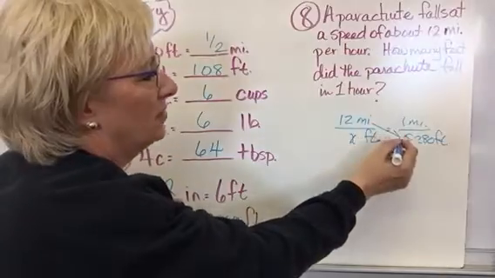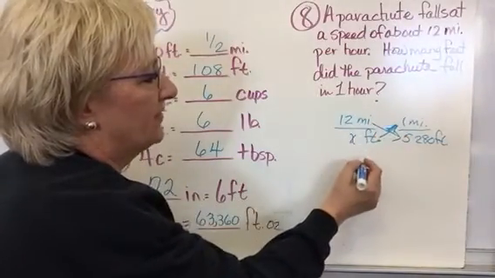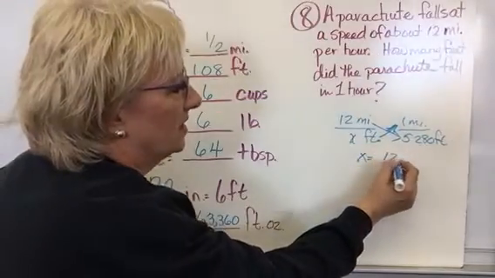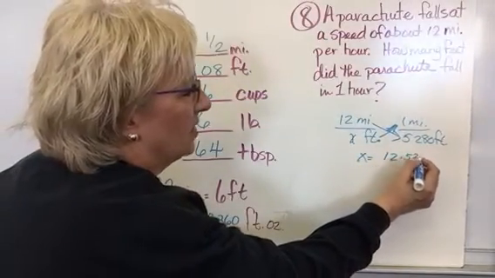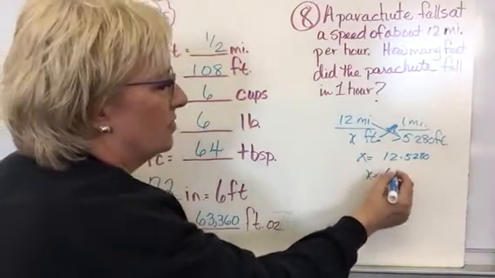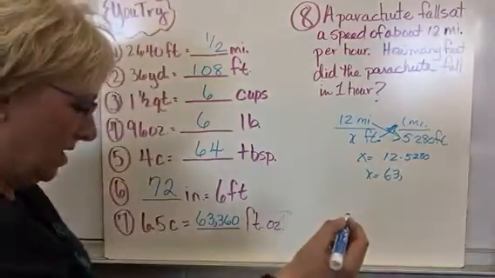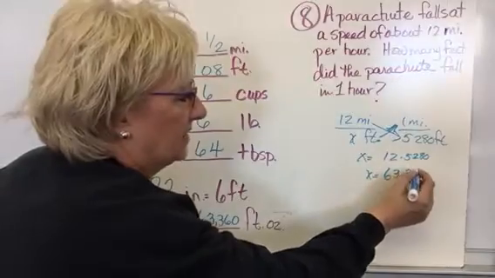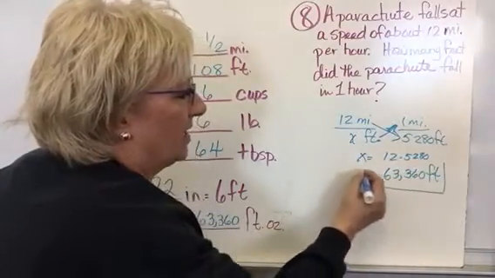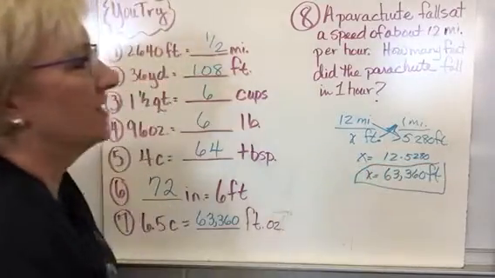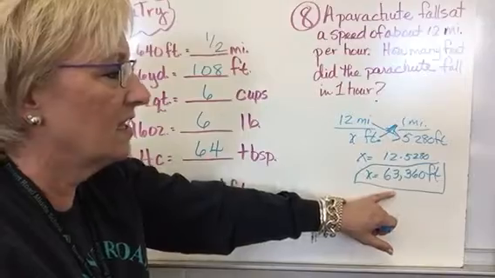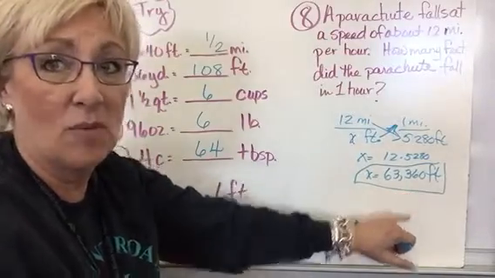So when I cross multiply, I've got 1 times x is x, and 12 times 5,280, you should have gotten 63,360 feet. So how far did the parachute fall in feet in an hour? 63,360 feet in that 1 hour.